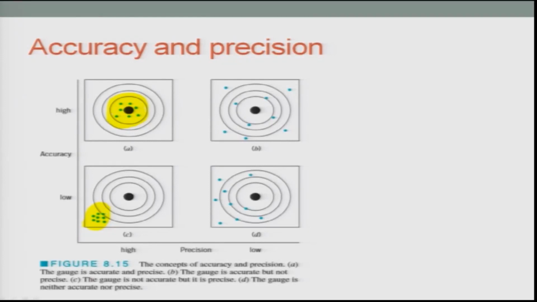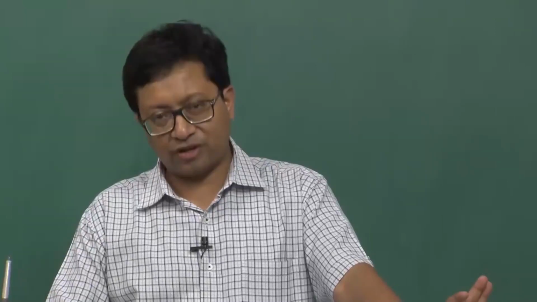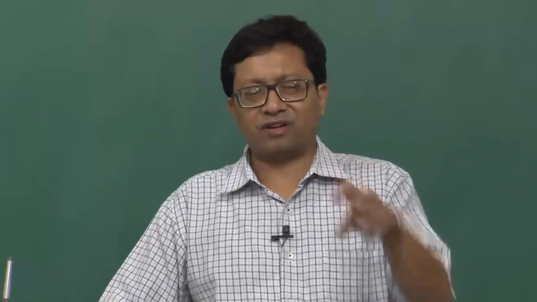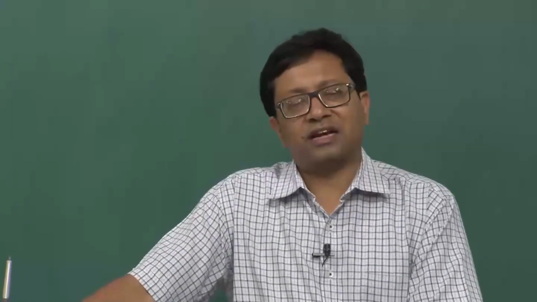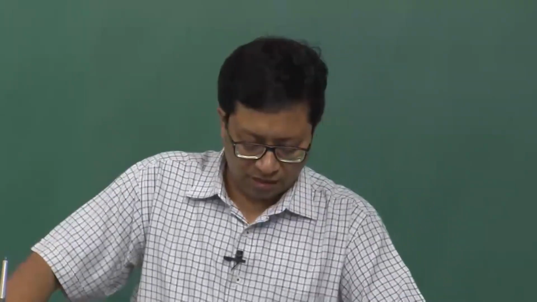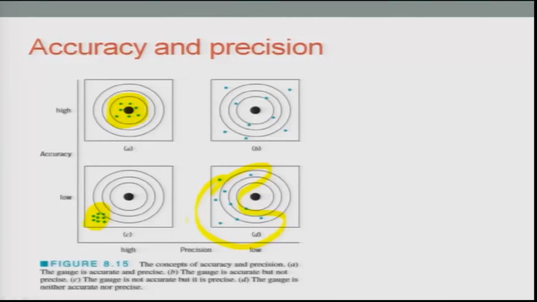And in the fourth one, they are all scattered in such a direction that if I want to find the average also, some central value for that is totally removed from what the actual value would be. So, again repeating, the first one is accurate and precise, B is accurate but not precise, C is not accurate but precise, and D is none of them. That means it is neither accurate nor precise.